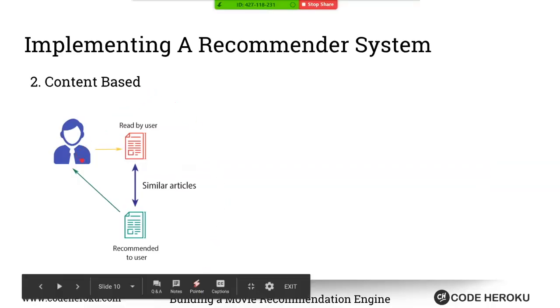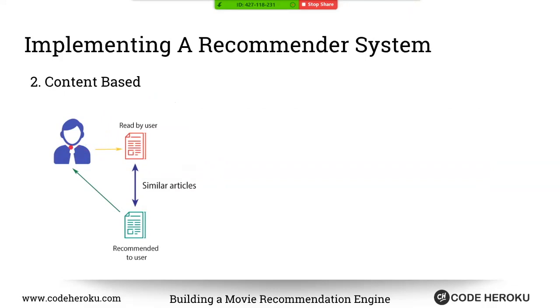So what you do is, you have this user who has read an item, a book or a paper. Okay, so you know that this user has seen it and read this book. Once you know that the user likes this item, you could find all similar items. And how are you going to find that similarity?